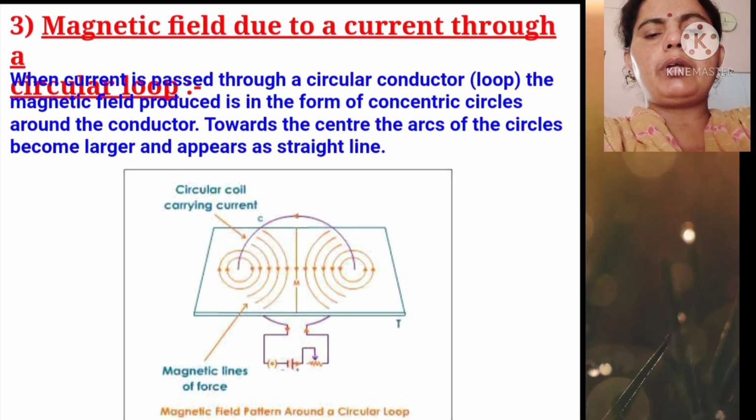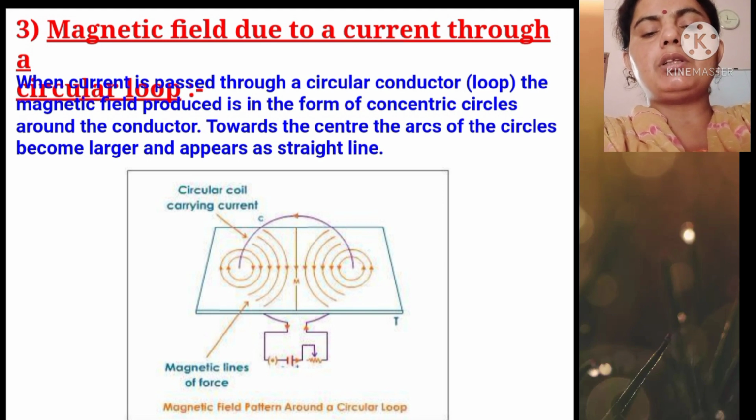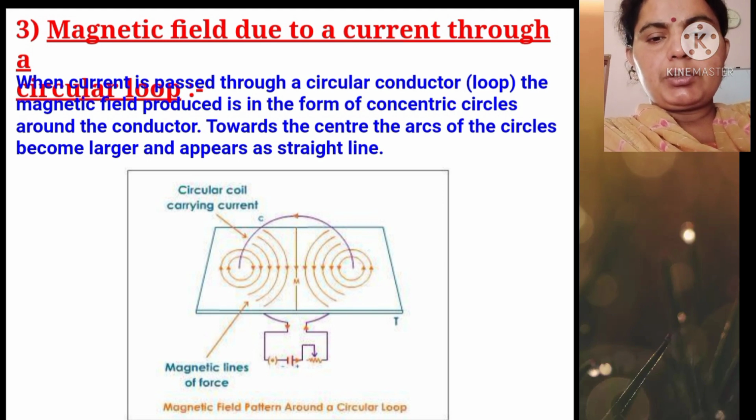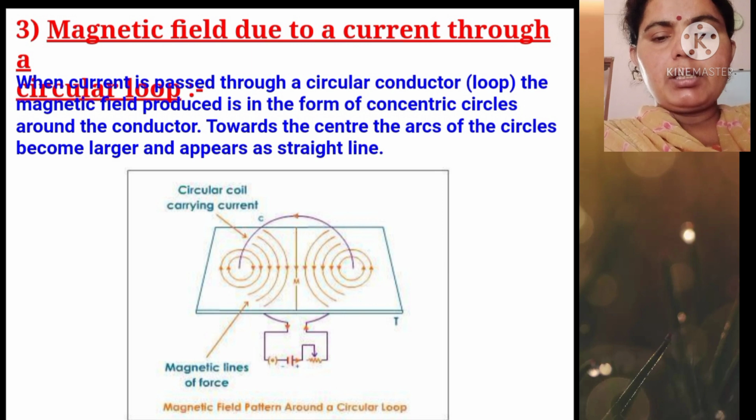Now when we talk about the magnetic field due to a current carrying circular loop, the loop is formed in a circle and has a single center. When a current is passed through a circular conductor, the magnetic field produced is in the form of concentric circles around the conductor.